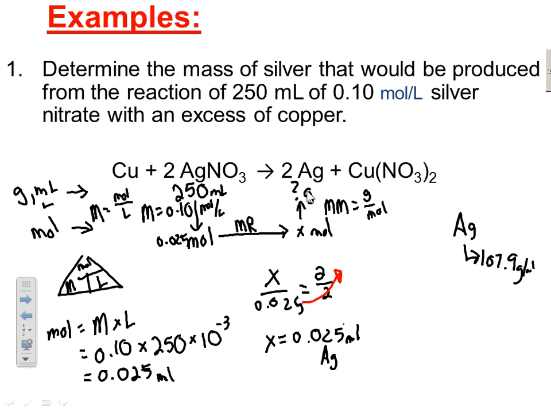Now I want to get grams using the molar mass and moles. I'll make the triangle, just so that we can see it. Grams, moles, molar mass. I apologize for squeezing that in there. We want grams, so molar mass times moles.